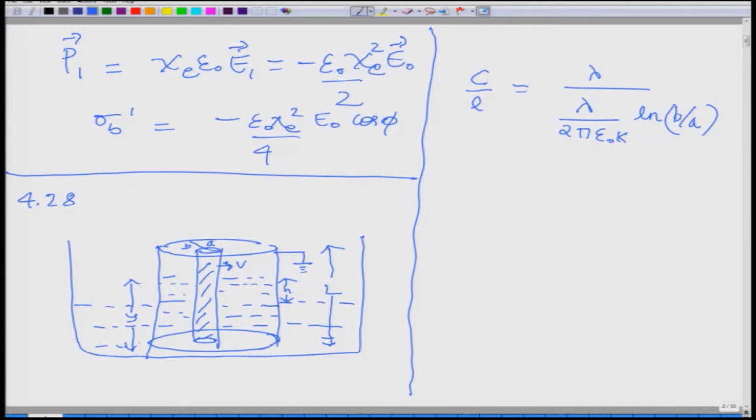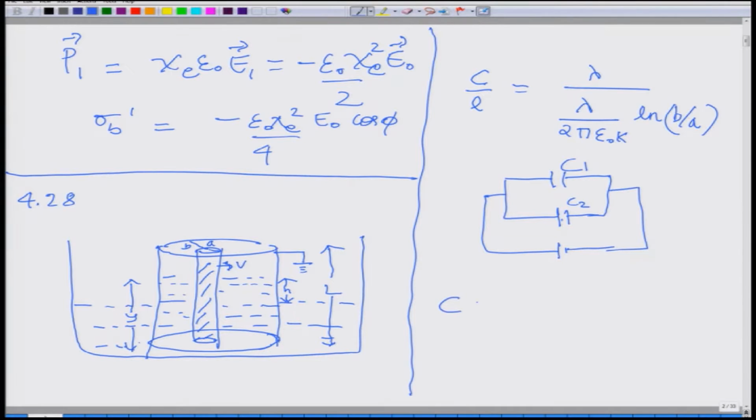So interestingly, this can now be considered as two capacitors which are in parallel, C1 and C2, where C1 is the capacitance up to the length up to which the oil is filled in between the tubes, and C2 is the capacitance of the tubes where there is only air.